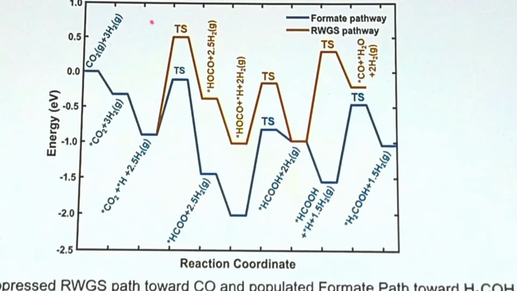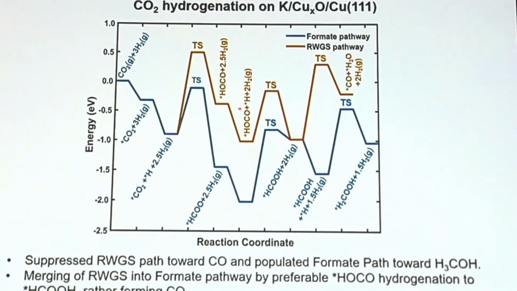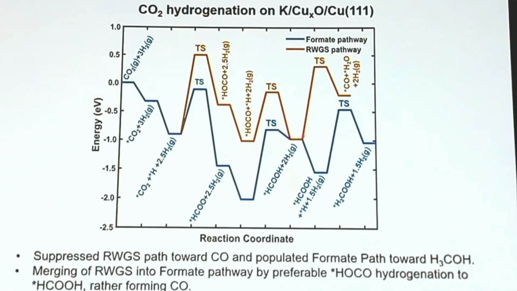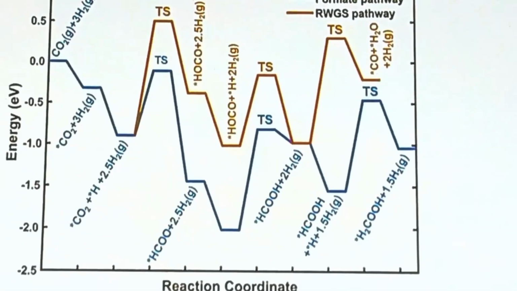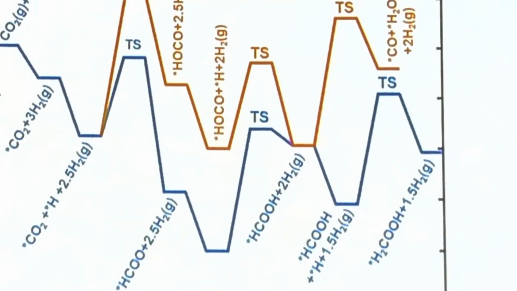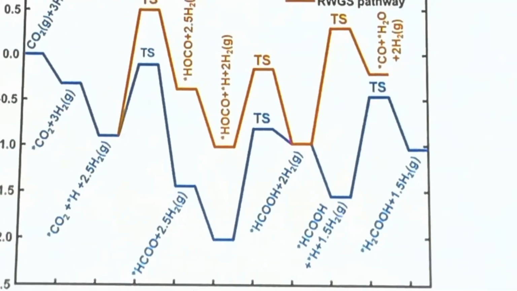Another thing is that you go with the reverse water-gas shift pathway, but once you reach formic acid, it actually prefers to merge with the formate pathway. So therefore, the reverse water-gas shift and formate pathway became the same. So rather than producing CO, it produces methanol, and CO is only a very small amount.